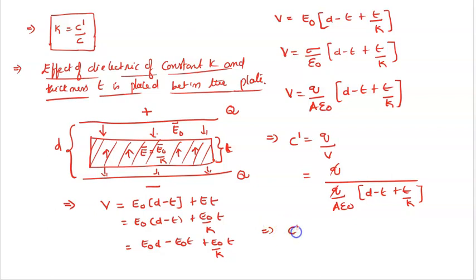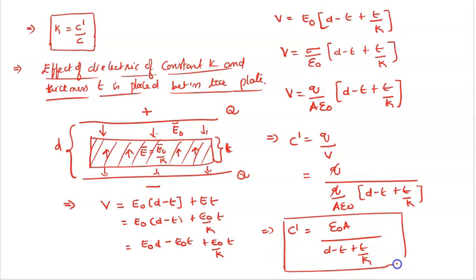Therefore C dash is equal to epsilon naught A by D minus T plus T by K. So this is the capacity of the parallel plate capacitor when a dielectric of constant K and thickness T is placed between the plates of the capacitor.